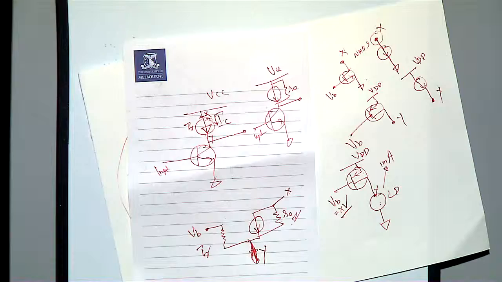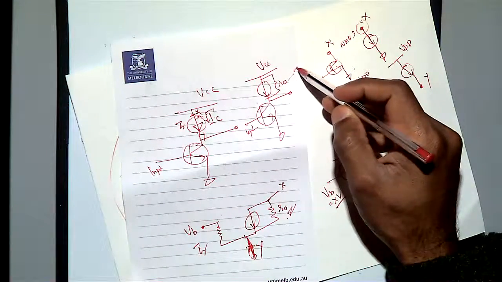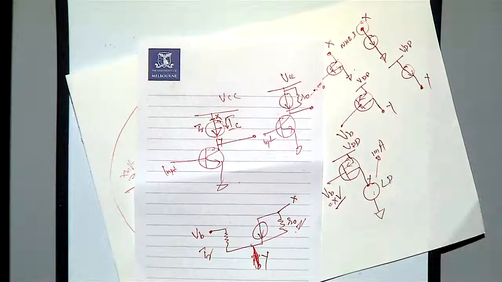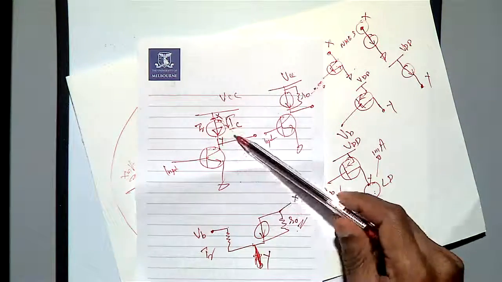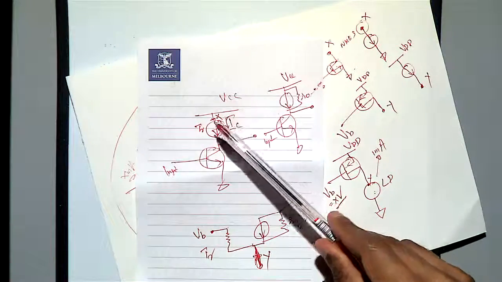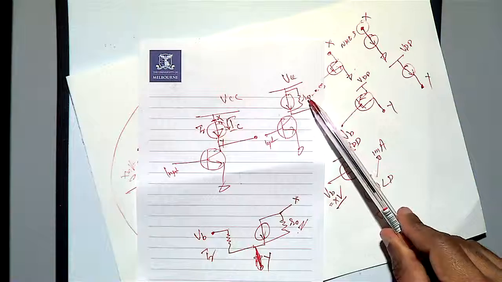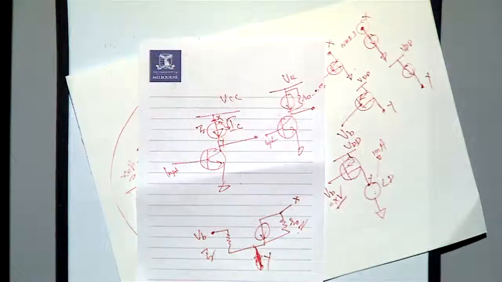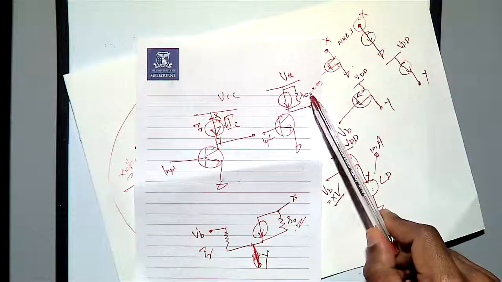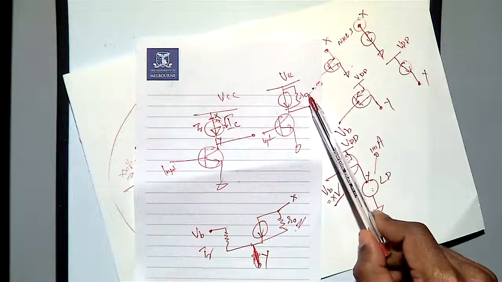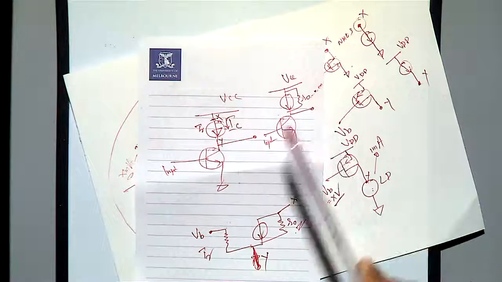In the ideal case, this RO will be infinity. But in the real world, if you are using a simple transistor as a current source to increase the gain in the chip, then the impedance of the current source is RO. Then you can't increase the gain that much. If you have RO here, that will definitely decrease the gain.